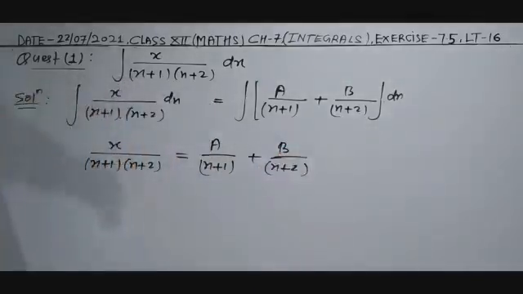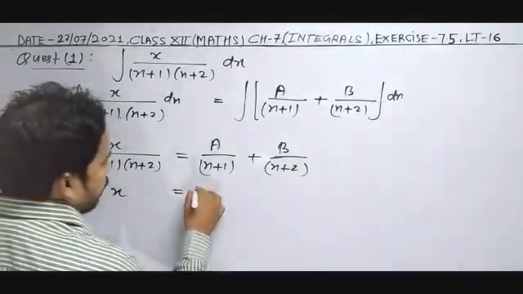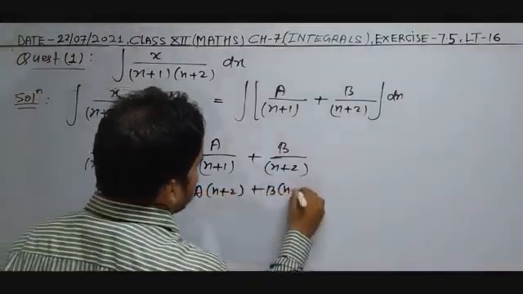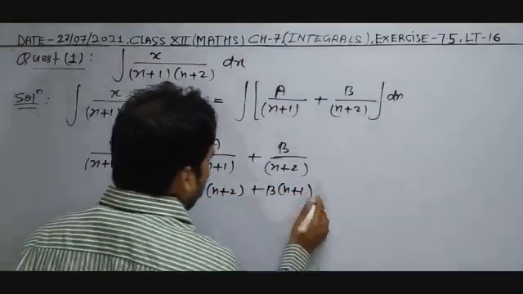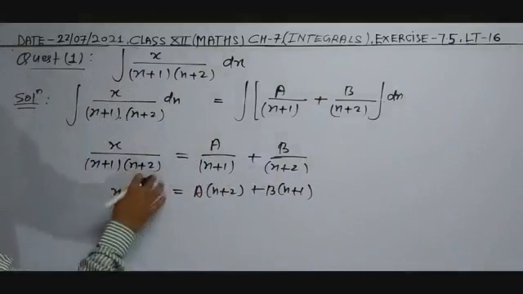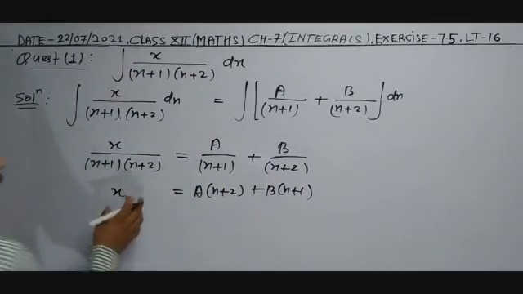Now when you take the LCM you get A times (x plus 2) plus B times (x plus 1) whole upon (x plus 1)(x plus 2), and the denominators cancel out from both sides. So this will be the result.